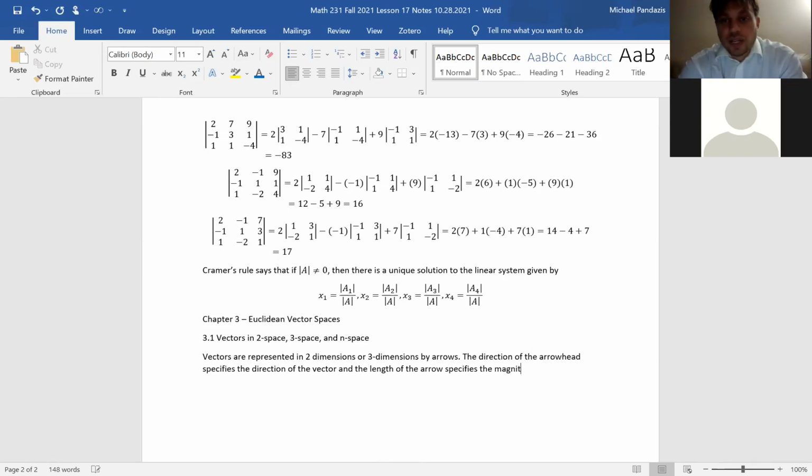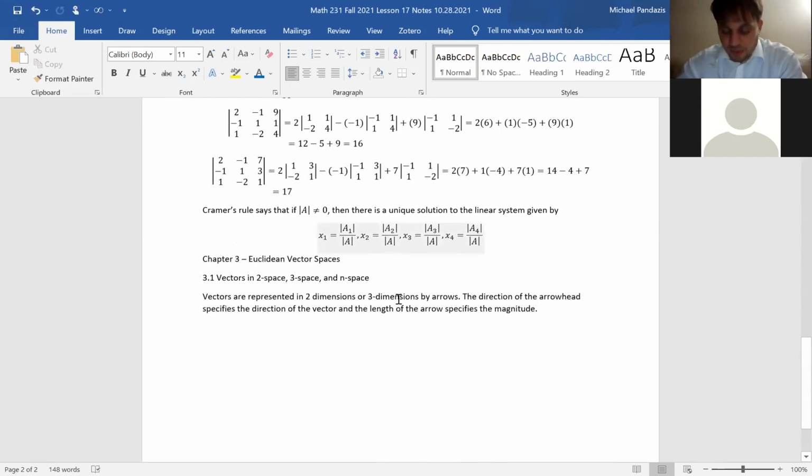When you start out learning about vectors, this is how you learn about them. More generally, vectors don't have to be this, but at the moment they are. If you keep going in mathematics, you'll have to open your mind up to more general definitions of vectors, but right now we're keeping it simple. So a vector is represented in 2 or 3 dimensions by arrows. The direction of the arrowhead tells you the direction of the vector, and the length of the arrow tells you the magnitude of the vector.